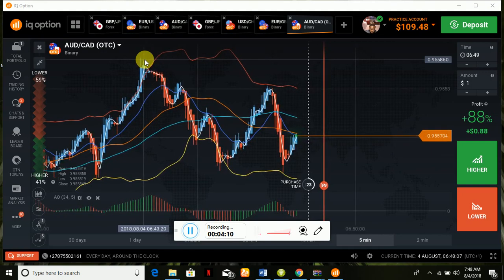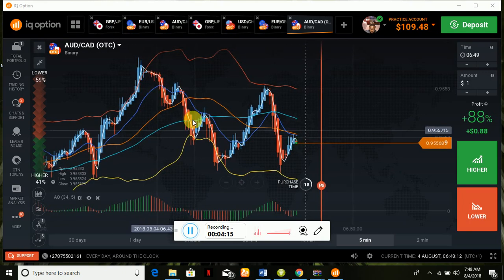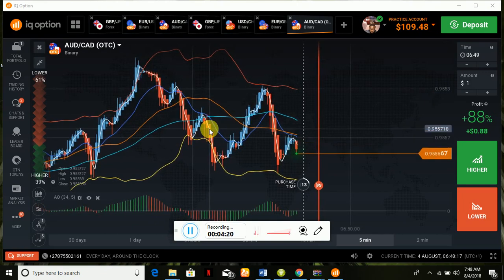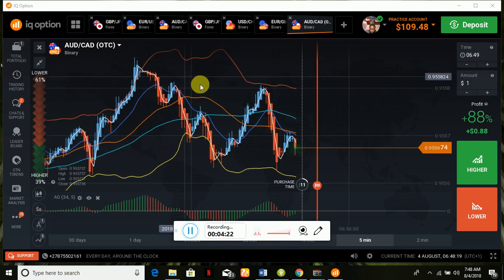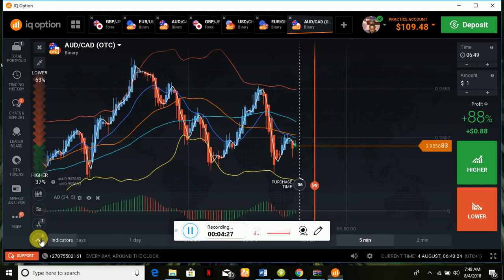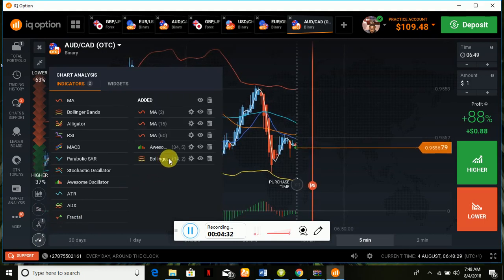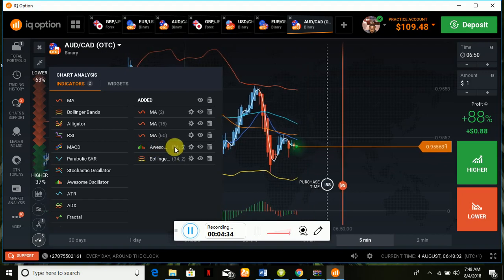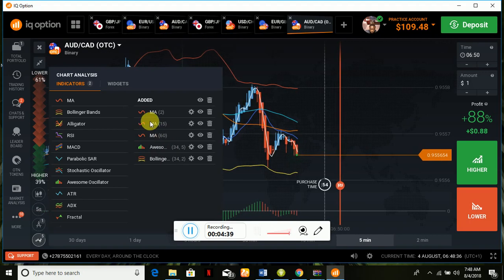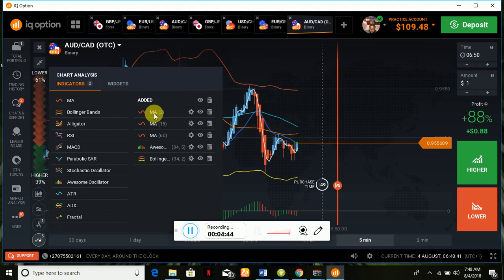Enough with the strategy. Now I need to show you how you're gonna set up these indicators. I will explain all those lines that you see here, what they mean. Let's go to our indicators here. We have Bollinger Bands, then Awesome Oscillator, then Moving Average 60, Moving Average 15, and Moving Average 2.